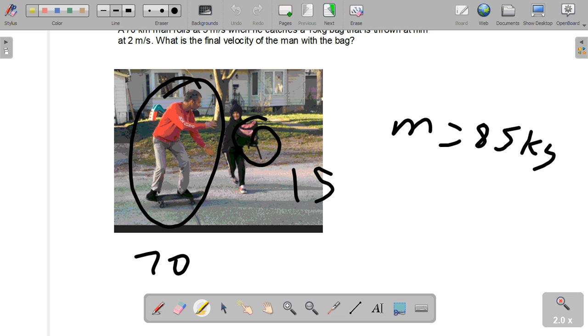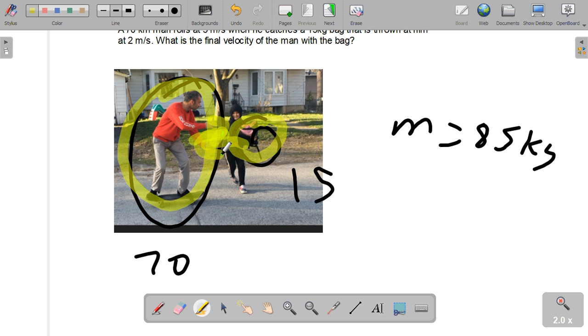So, if we start out with a man with a mass of 70 kilograms and he's rolling forward at 3 meters per second, and a 15 kilogram bag is thrown at him backwards at 2 meters per second, after he catches the bag, the man with the bag will roll ahead at 2.14 meters per second forward.